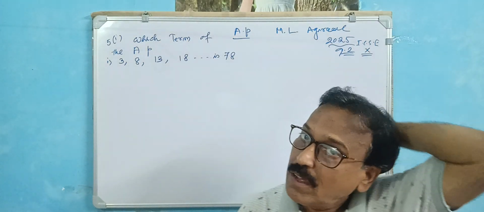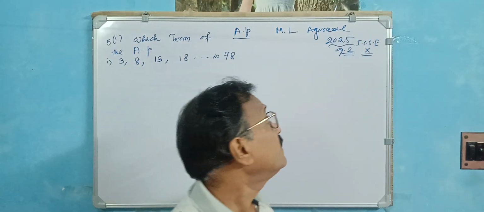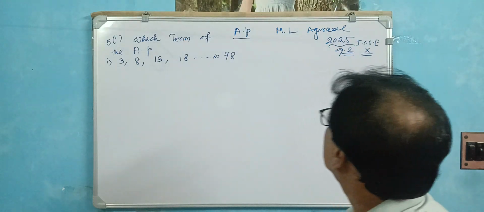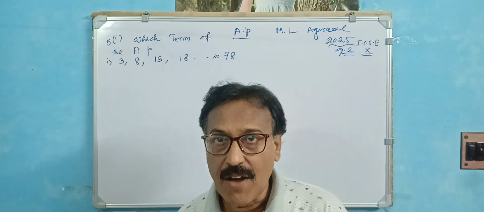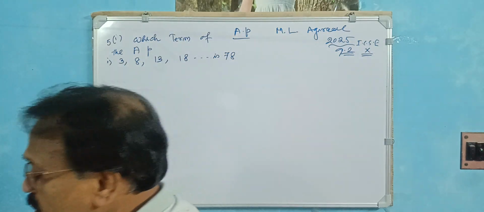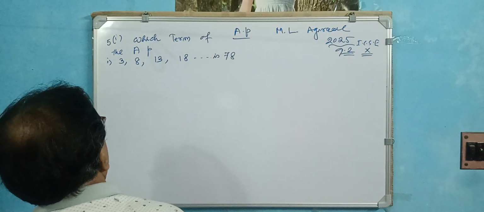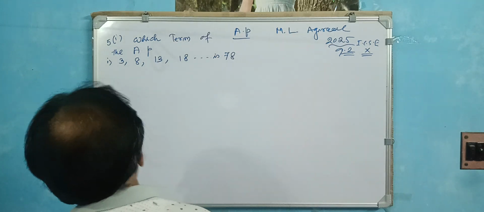This is from the Aggarwal class 10 ICSE board book, the latest 2025 edition, exercise 9.2, sum number 1. The given sum is: which term of the AP 3, 8, 13, 18 is 78?